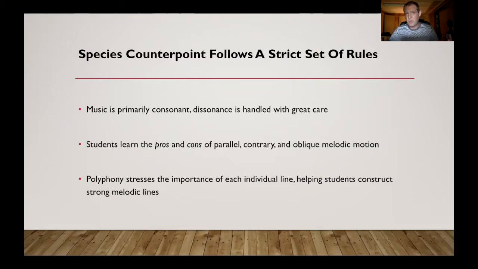While we want them to work in the greater context of the polyphonic piece, each melodic line has its own beauty and should be able to stand alone. So that poses more stress on the composer to really think about each individual melodic line, also thinking about the greater context of the larger piece.